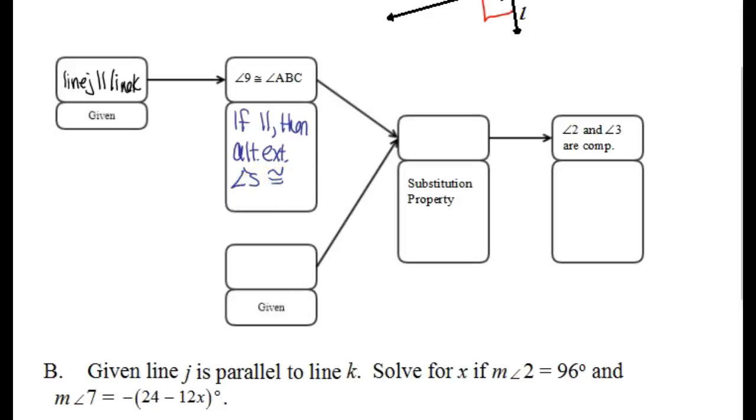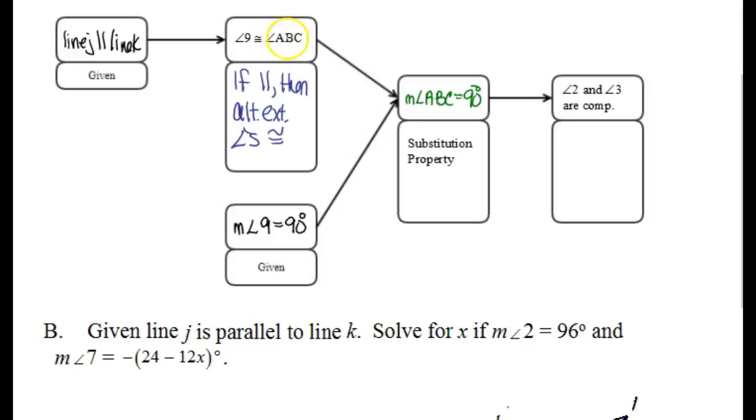Okay. Let's write down our other given. The measure of angle 9 is 90 degrees. And then how are we going to use the substitution property to create our next step?